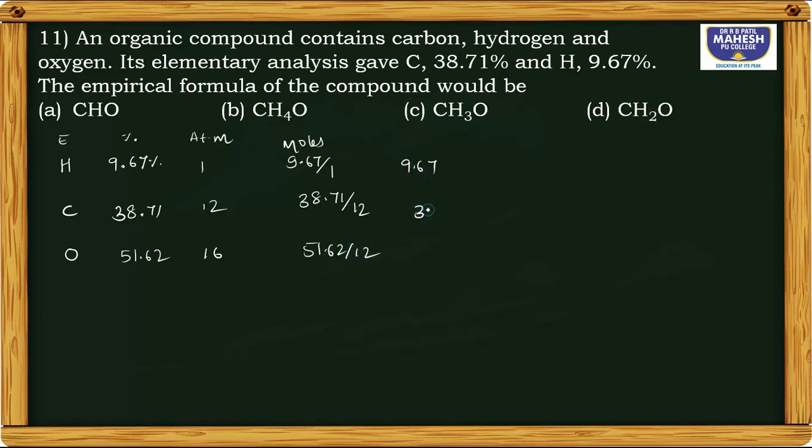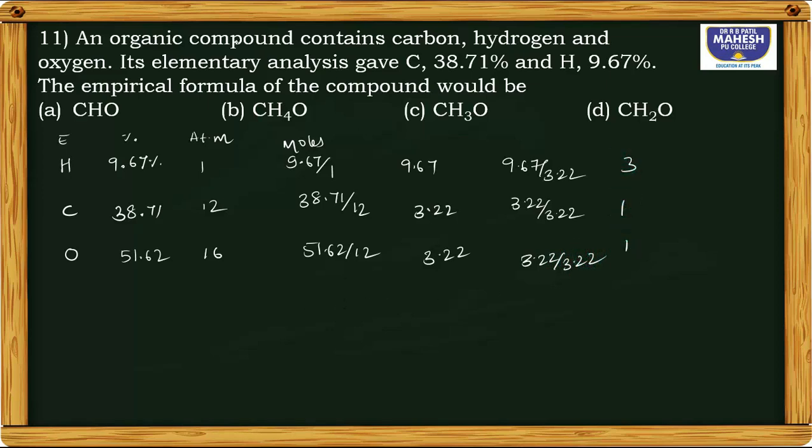Here I am going to get 3.22, and here also near 3.22. So dividing each number by the smallest, 9.67 divided by 3.22, and 3.22 divided by 3.22, and 3.22 divided by 3.22, this is going to be 3, 1 and 1.